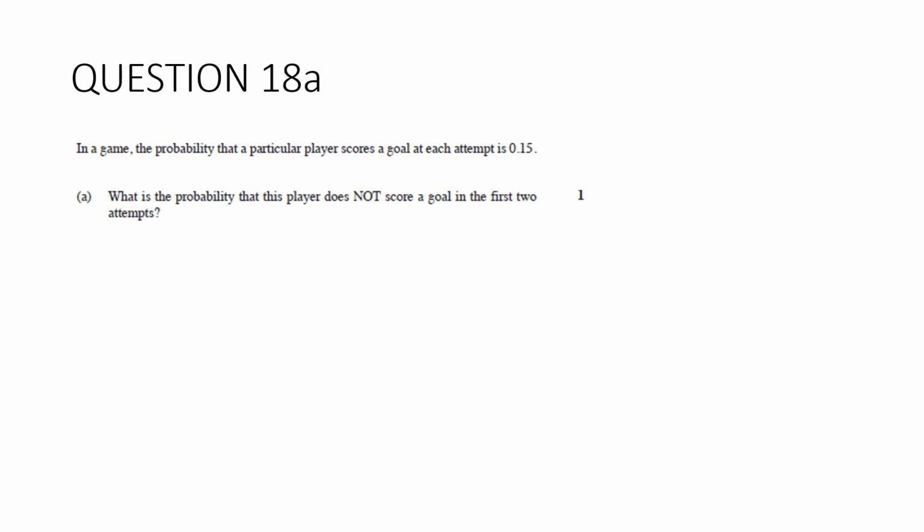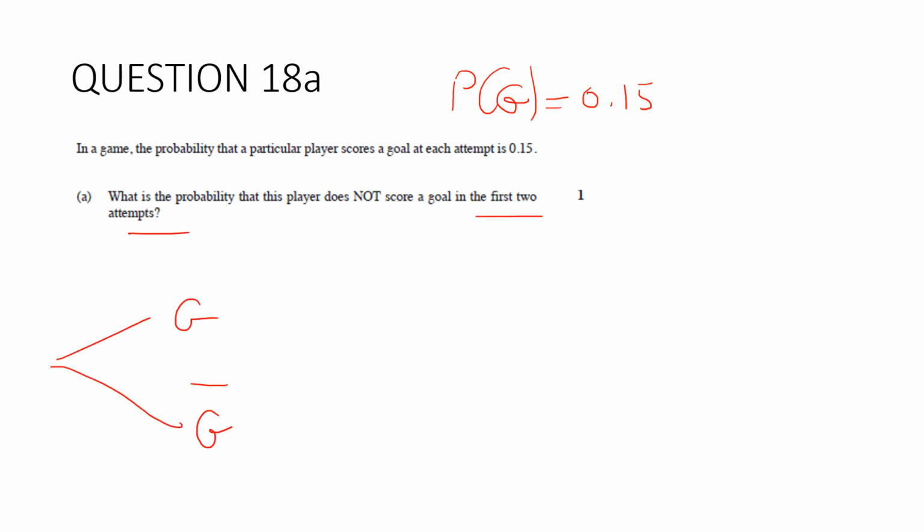Question 18a. In a game, the probability that a particular player scores a goal at each attempt is 0.15. Part A. What is the probability this player does not score a goal in the first 2 attempts? And so that is here, isn't it?